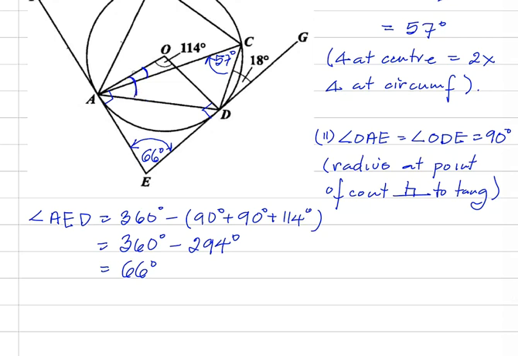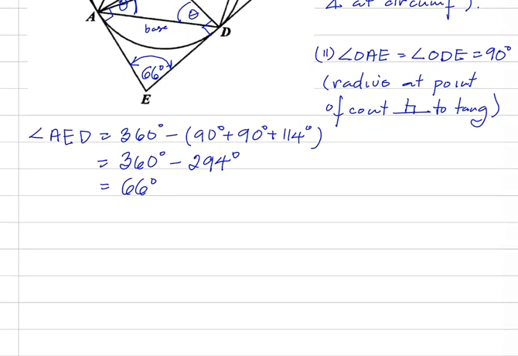Now, OA is a radius and OD is also a radius. So that makes triangle OAD an isosceles triangle. Angle O is the apex and AD is the base. And the base angles of an isosceles triangle are equal.